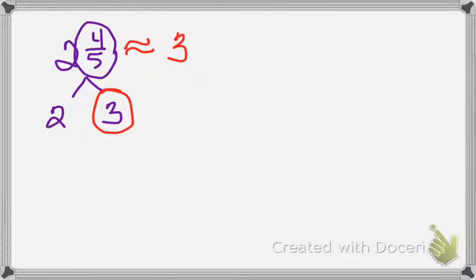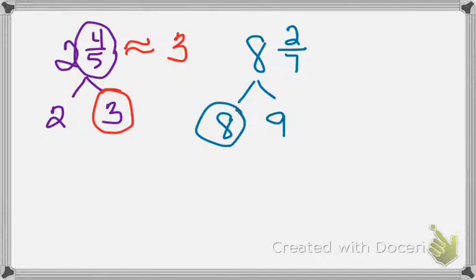If I had the mixed number 8 2/7, again, I only have two choices, either 8 or 9. Looking at 2, is it closer to 0 or 7? 2 is closer to 0, so I would round this answer down to 8.